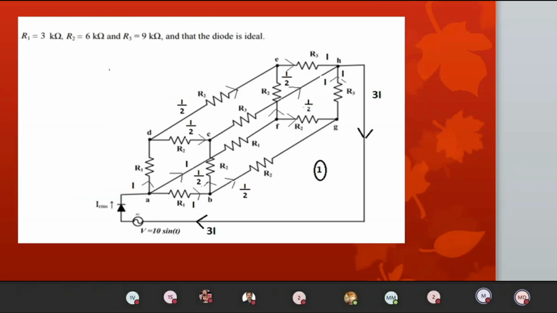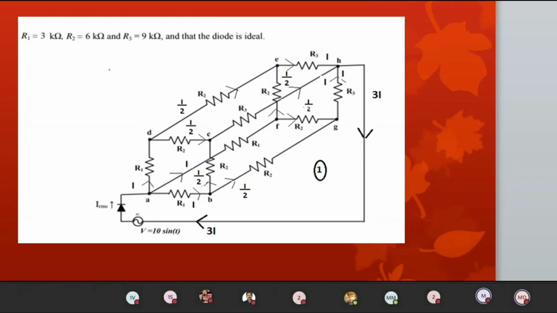Now let us start. I have made the analysis clearly: the current through R1 be I. Again, another R1, that is current through AD is I. Current through AB is I. Current through AF is I. So the input current is 3I. This is the important logic you need to understand.